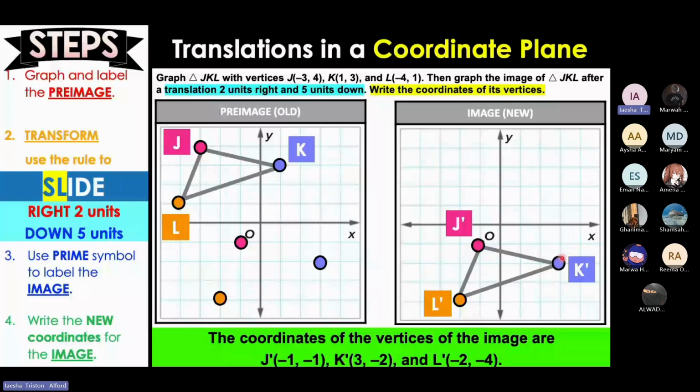To get to K prime, we're going 3 units right and 2 units down. So +3 and -2. To get to L prime, you're going to go 2 units left and 4 units down. So -2 and -4.